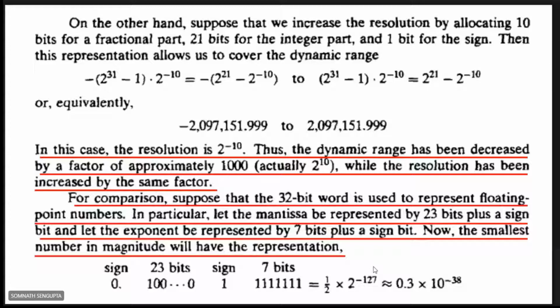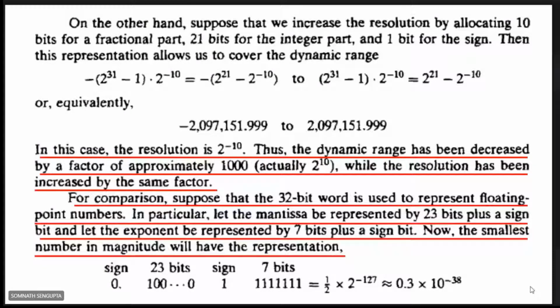Then minus 1 is this number, and since the sign bit is negative, it is minus 127. So this is actually how it is represented.